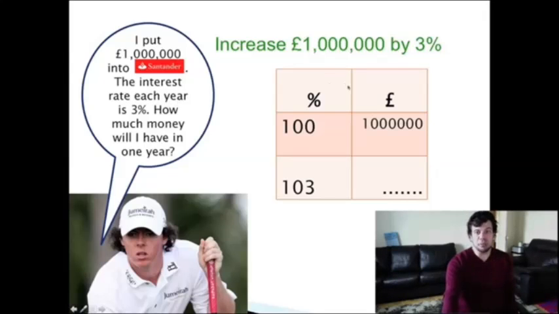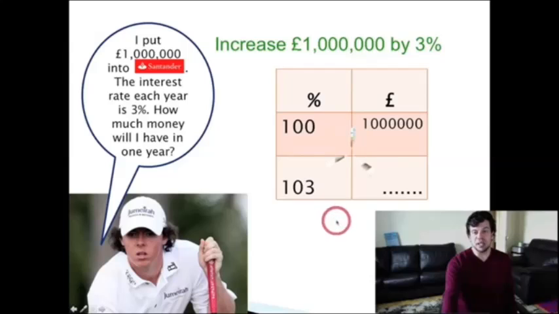Now the table, may I remind you, percentage on the left, pound on the right. The full amount is £1 million, and of course a full amount is expressed as 100%. Increase means more or go up. What is 3 more than 100? 103.